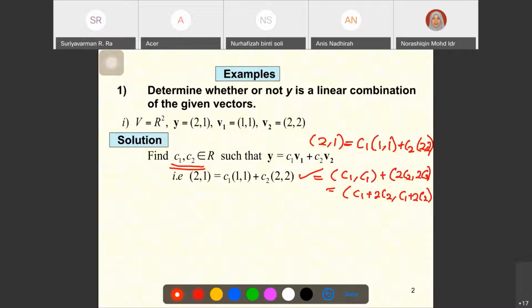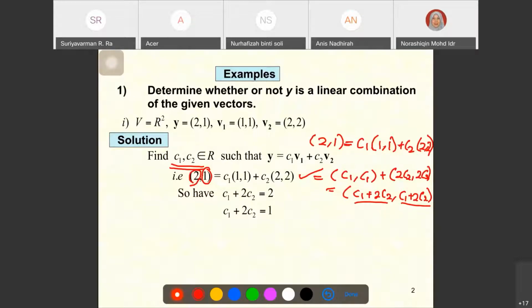So what we have is C1 plus 2C2 equal to 2, and C1 plus 2C2 equal to 1.